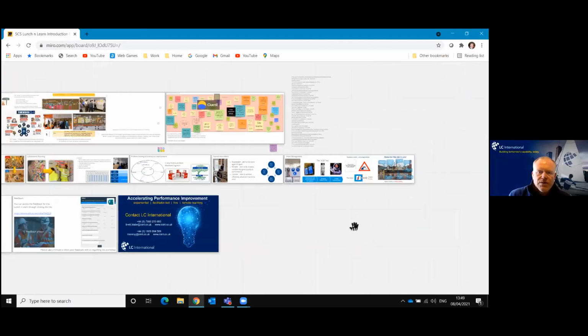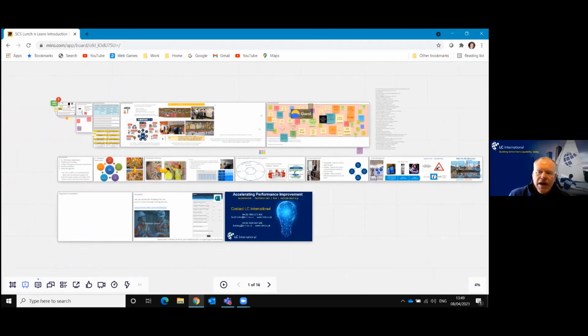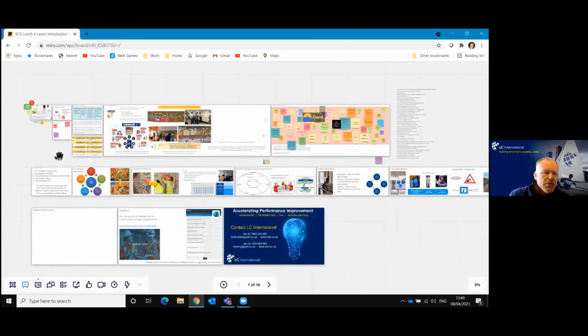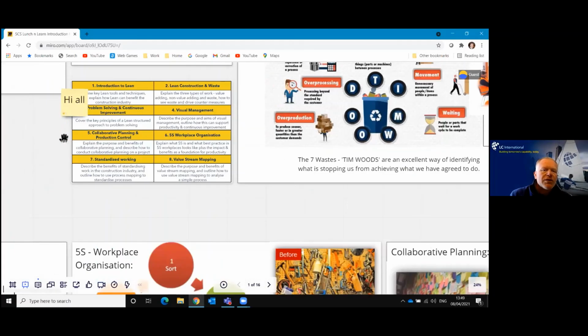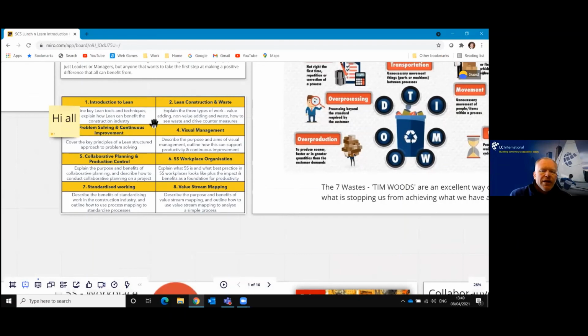And these are the things that we're going to be looking at in the pathway around the introduction to lean. And then the other modules that we will look at within other learning pathways will go into more detail around the construction and waste, problem solving, visual management, collaborative planning, 5S, standardized work and value stream mapping.